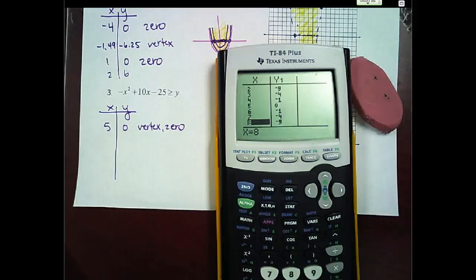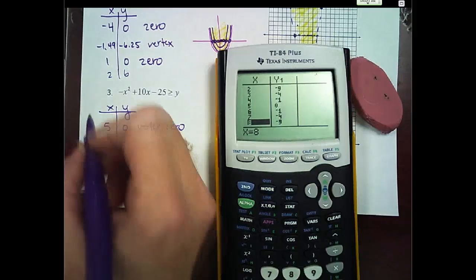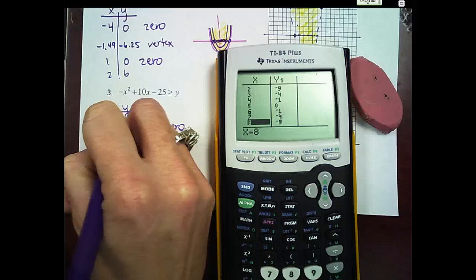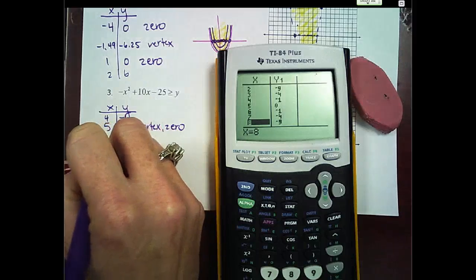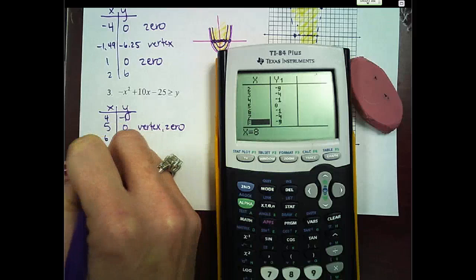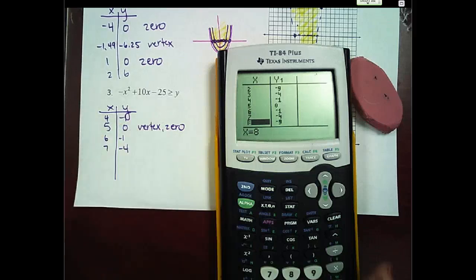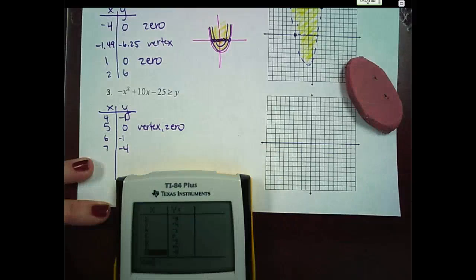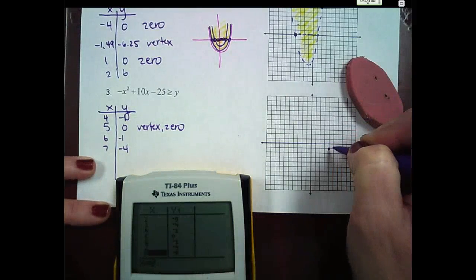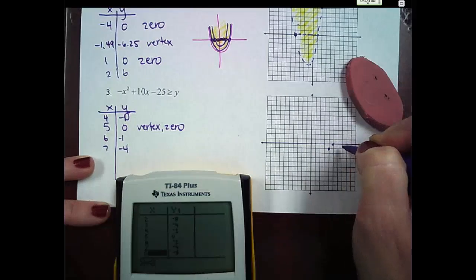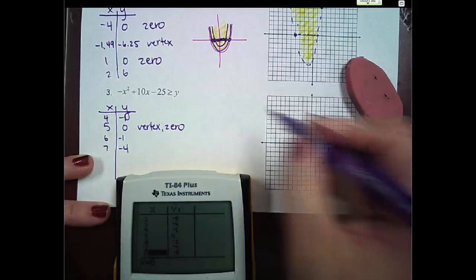And then I need 4 points, so I'm going to go a little above and a little below. And then let's graph it. It's a solid line.